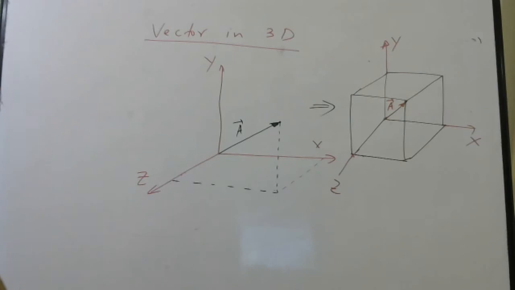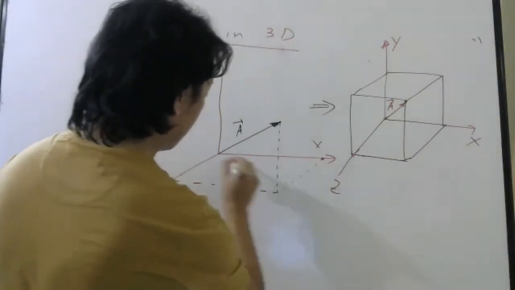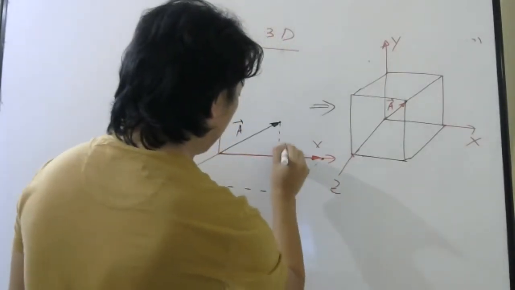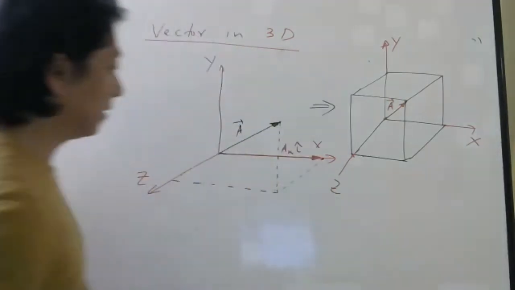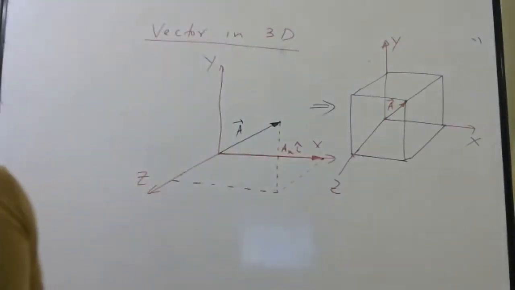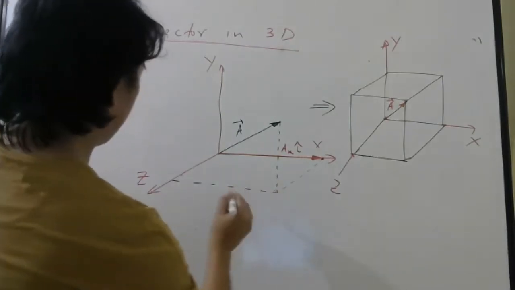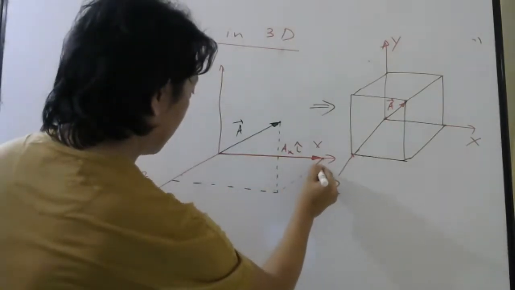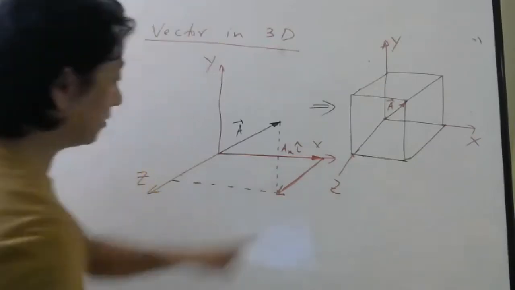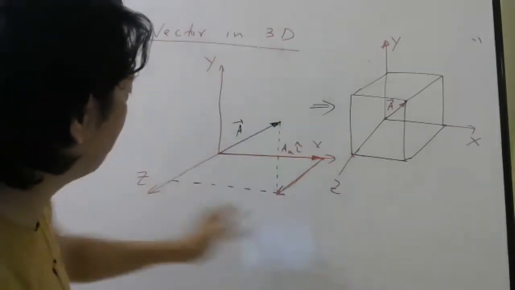Okay, now look carefully. From here to here, that will be your Ax i cap, because that is the component of your A bar along the X axis. Okay, Ax i cap, because this is parallel to X. Similarly, this vector. It is parallel to which axis, this vector in my diagram?